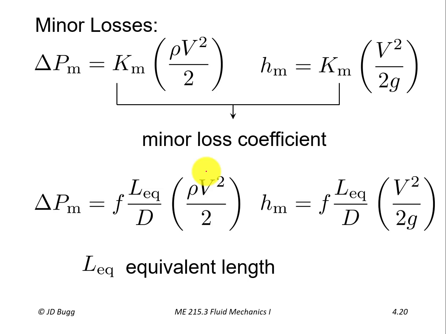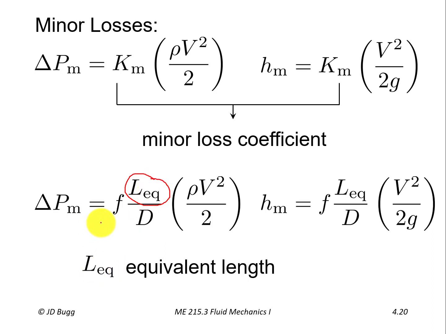So that's what's meant by an equivalent length. In this equation, that equivalent length is LEQ, and we just apply that LEQ as if the pipe were a little bit longer than it actually is.